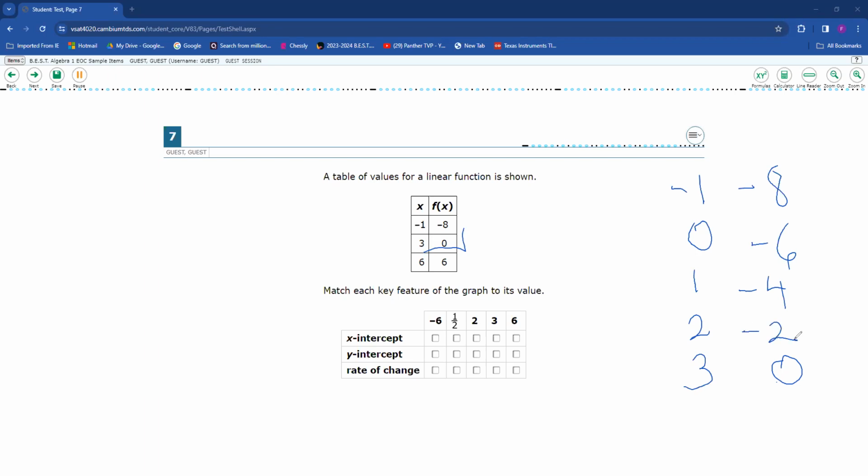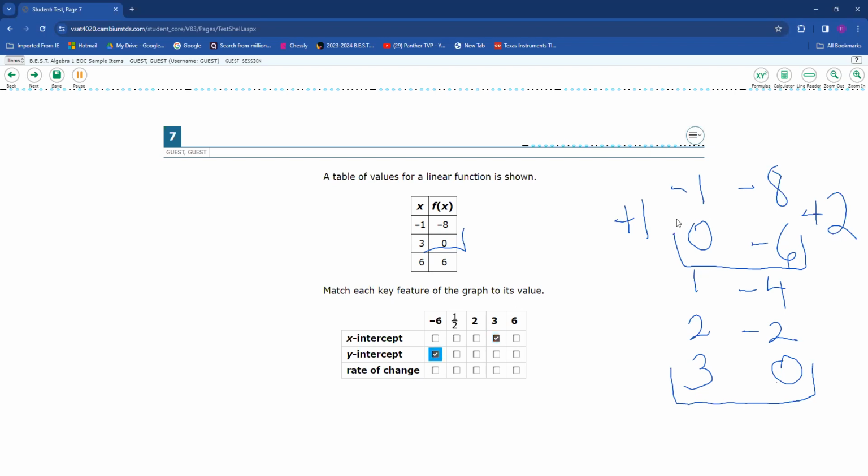So we have the two intercepts, and we also have the rate of change. This is going by 2 when x goes by 1, positive. So my y-intercept is 0 and -6, and my x-intercept is 3 for x, 0 for y. It's always useful when you have gaps in between to actually create our own table.